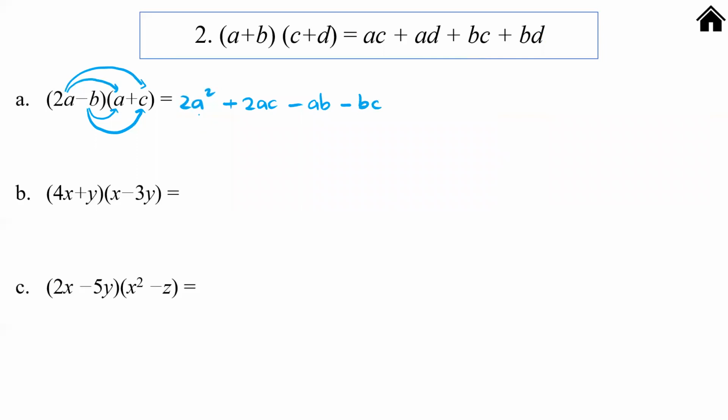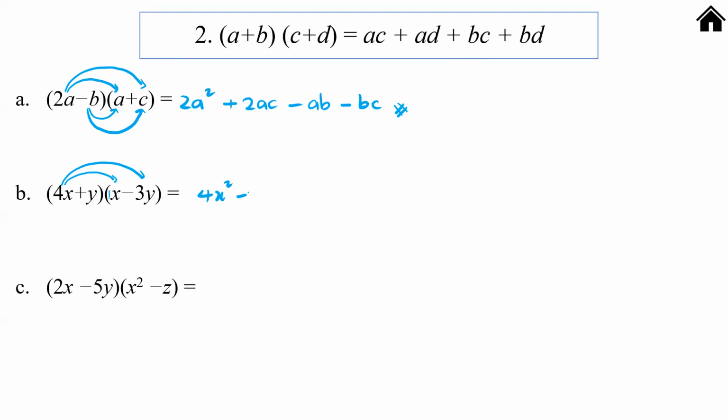Check if we have a like term. If we do not have a like term, this is our final answer. Next, 4x with x. 4 times 1, number times number, 4. Variable times variable, x times x is x squared, followed by the second arrow, first with the second. Positive times negative is negative. Always settle the sign, settle the number, settle the variable.